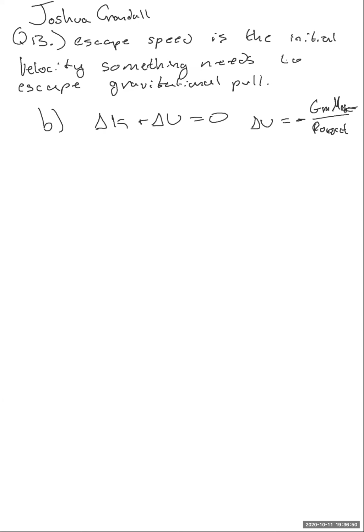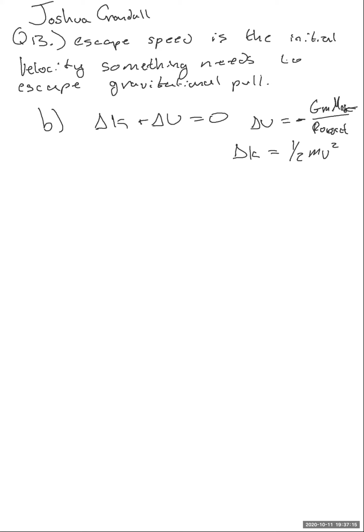So here, the mass of the object is the mass of the planet, and the radius is the radius of the object. And this little m here is the mass of the object that's trying to leave the gravitational pull. And then we know that delta K is going to equal 1/2 mass times velocity squared.